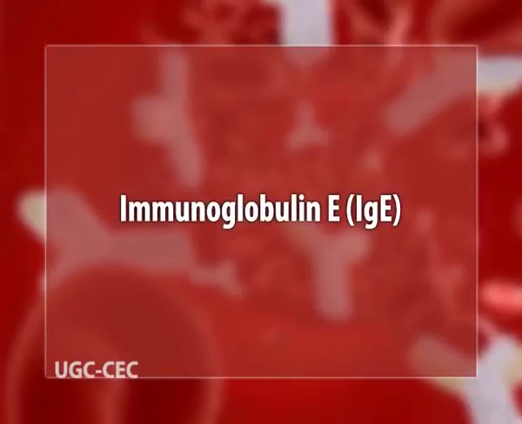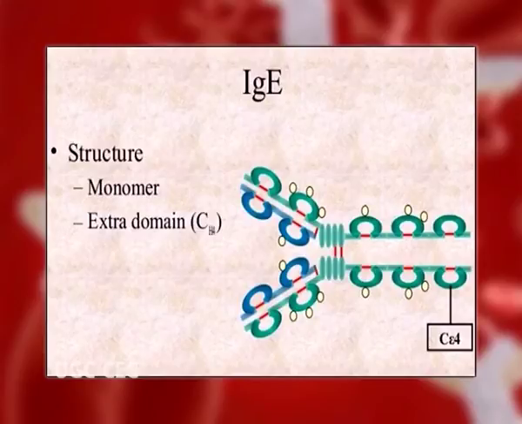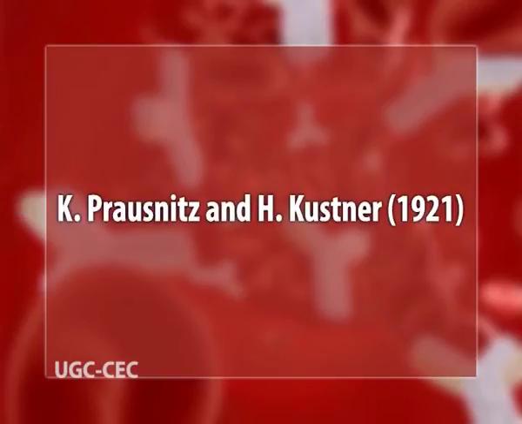Now let's move on to immunoglobulin E or IgE. IgE antibodies mediate the immediate hypersensitivity reactions that are responsible for the symptoms of hay fever, asthma, hives, and anaphylactic shock. The presence of a serum component responsible for allergic reactions was first demonstrated in 1921 by K. Prausnitz and H. Küstner, who injected serum from an allergic person intradermally into a non-allergic individual.